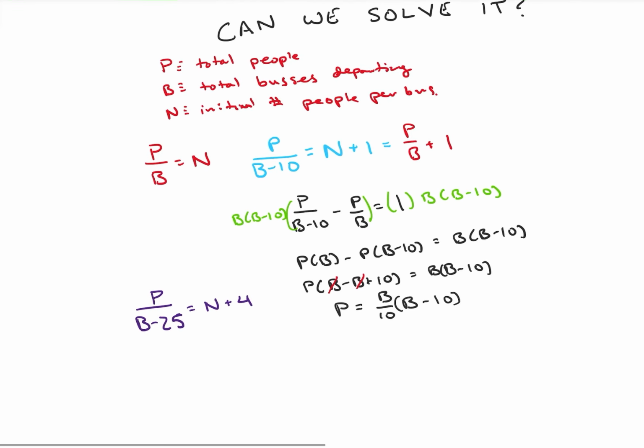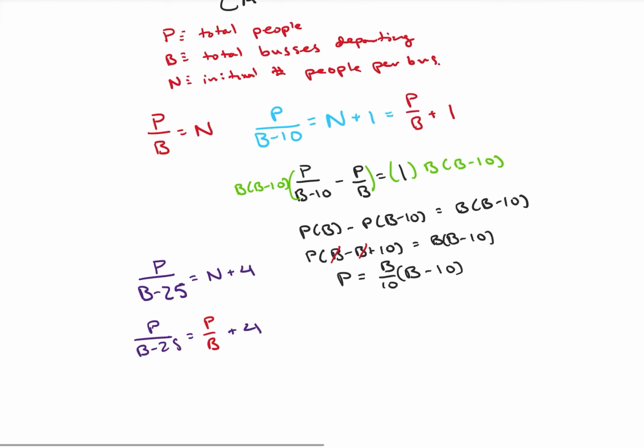So let's do the same thing as before and rewrite this as P over B minus 25. Do some substitution to get that P over B and have that plus 4. We can use the exact same technique for solving as we did before. So let's make that P over B minus 25 minus P over B equal to 4.